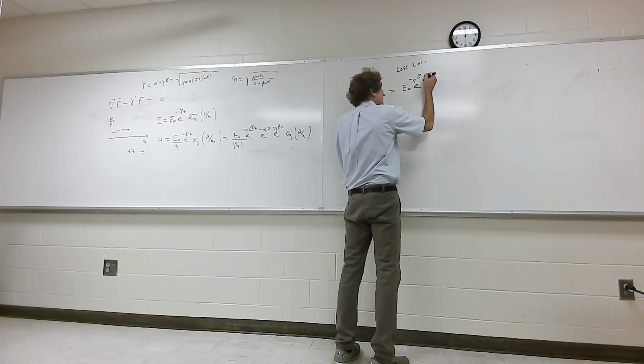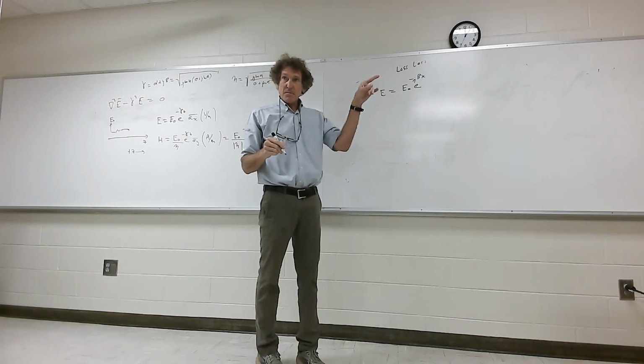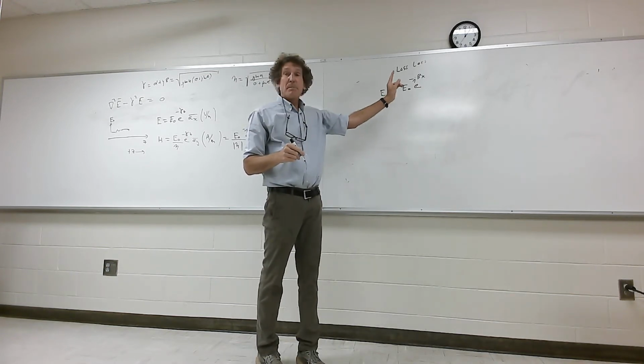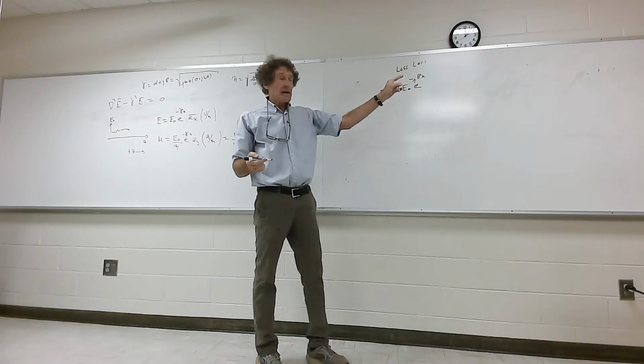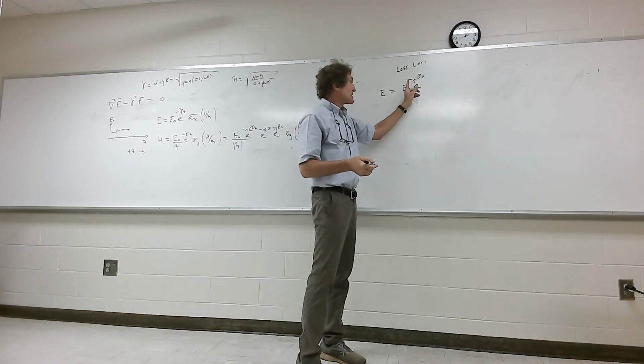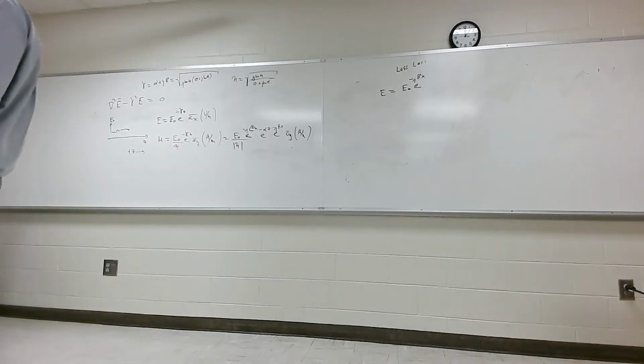If I had x, it would be going in the positive x direction. You all with me on this? If it was e to the minus j beta y, it would be going in the positive y. E to the minus j beta z, positive z. If it is e to the plus j beta x, it's going in the minus x direction. Do you all follow? Remember that quiz where I gave those things and a lot of people stumbled around on that?